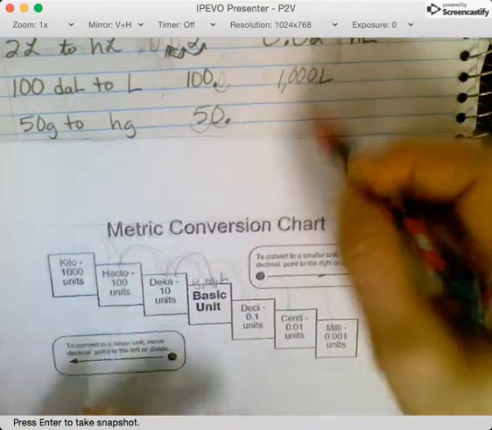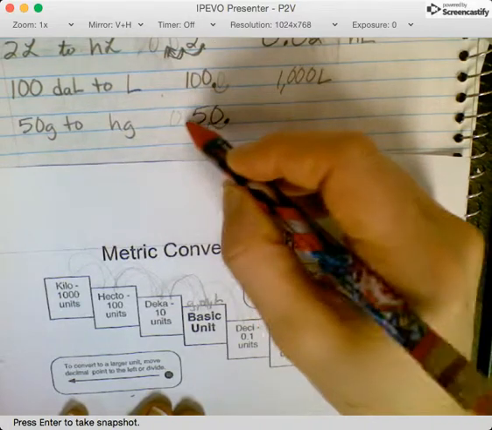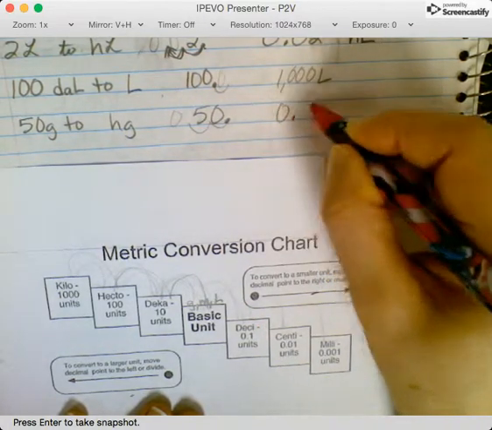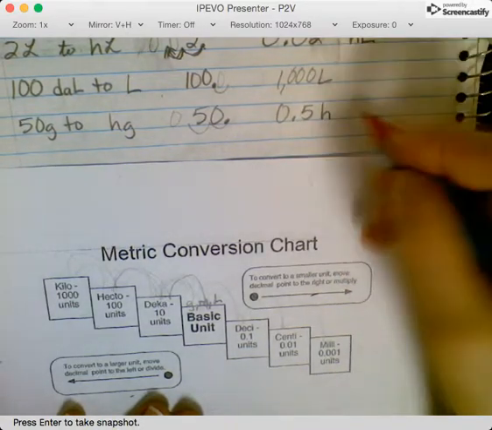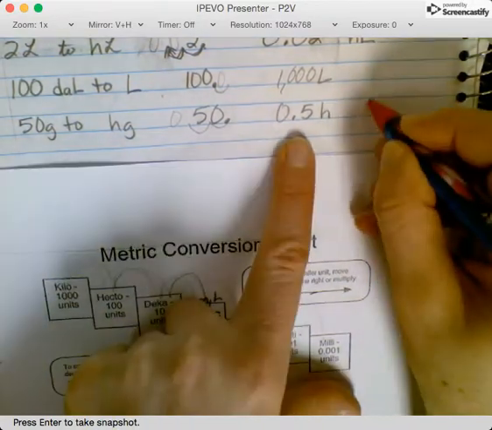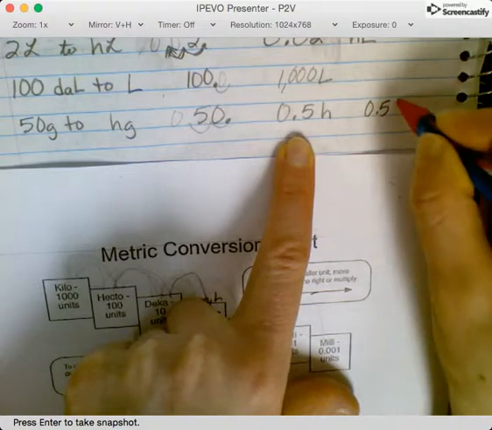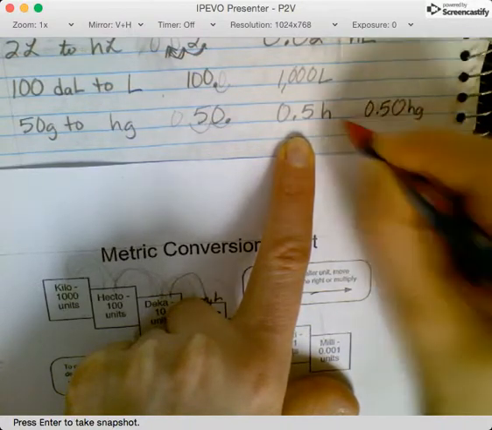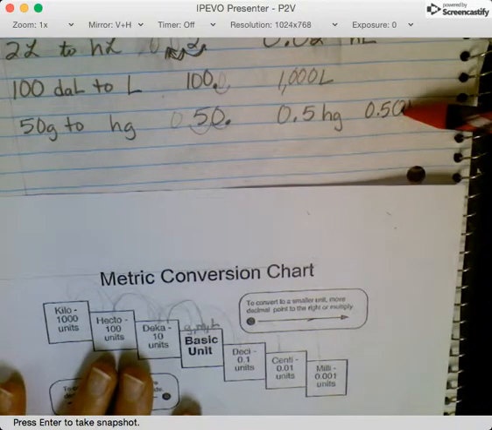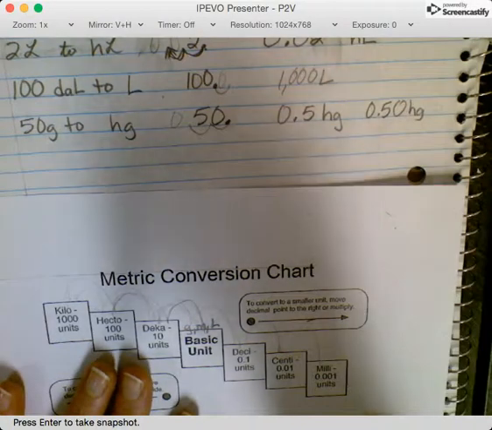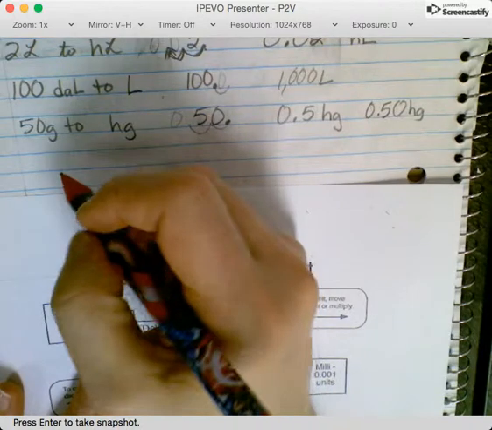You put a 0 before the decimal point, and it's 0.5, or 5 tenths, hectograms. You could also put 0.50, which is 50 hundredths hectograms. Either one, they both mean the same thing. Usually I take off my zeros after the decimal point because they're just placeholders.